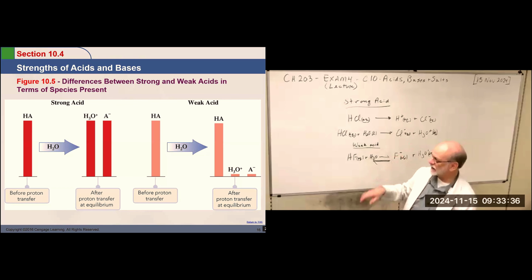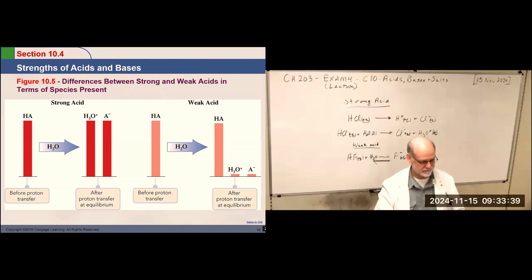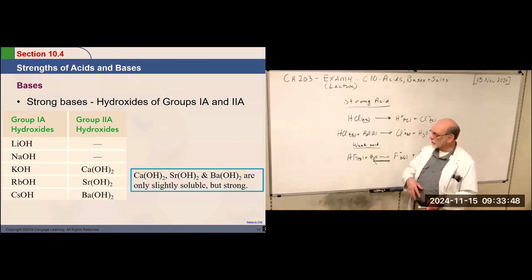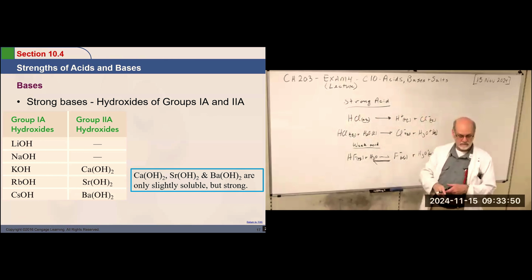Strong acids go all the way to the right. Weak acids only part way. And we can use the same concept for bases. Strong bases completely dissociate from one to the other.